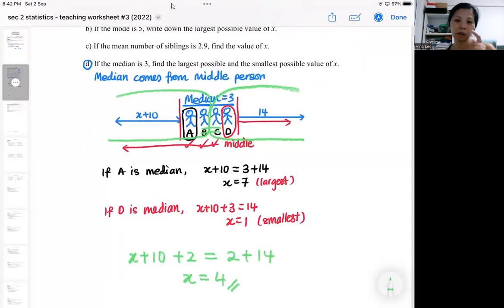So the median is the one that you will need to draw out to visualize. The key thing about the median is it comes from the middle person. You got to guess the middle person. And the feature of the middle person is, imagine you are the one in the middle, the number of people on the left and the number of people on the right will be the same.